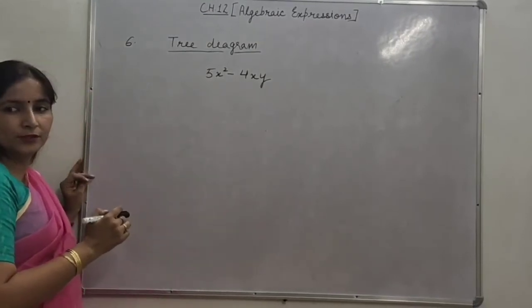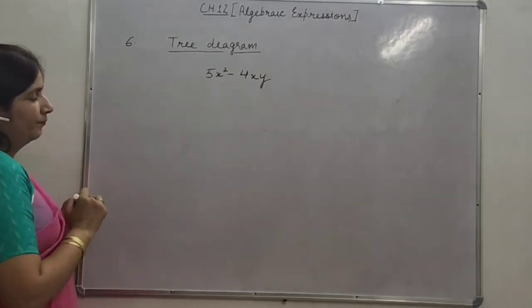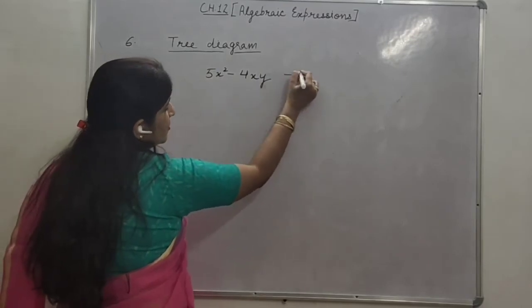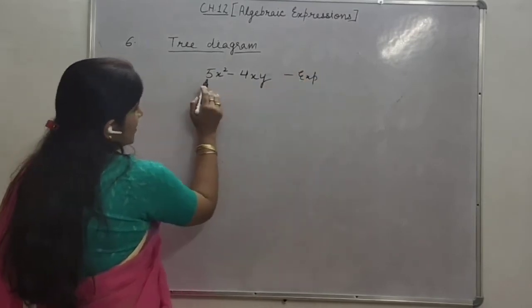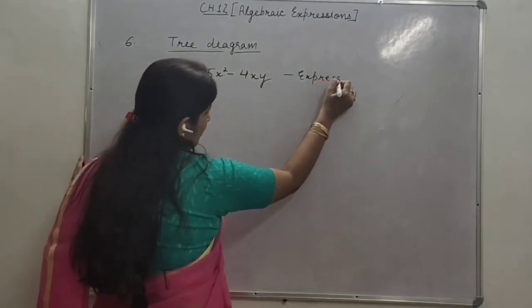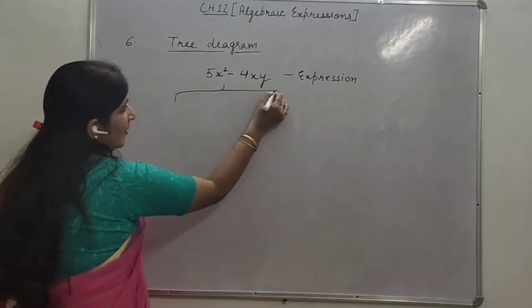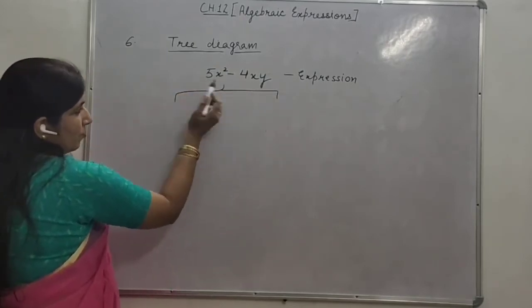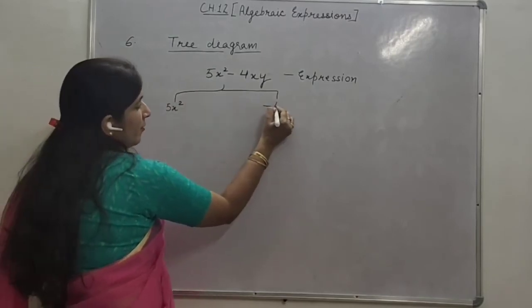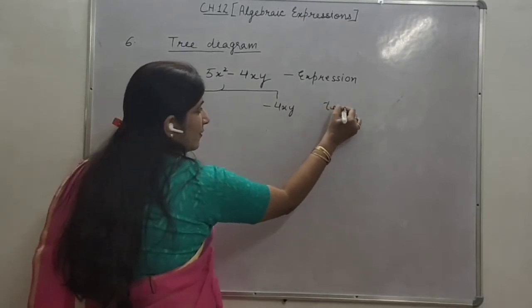Now students, let us learn about the tree diagram. What is that? In this diagram, we first of all write the expression. You can see 5x square minus 4xy is an expression. Now this expression is further divided into, as it has two terms, so it is divided into two terms, that is 5x square and minus 4xy. So after expressions we can write the terms.